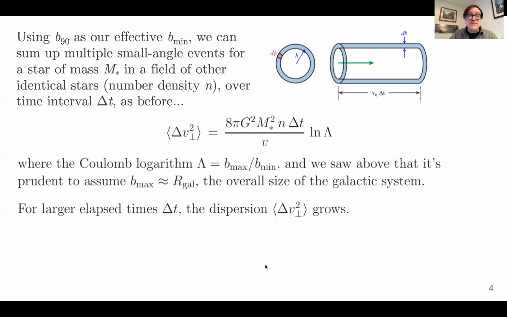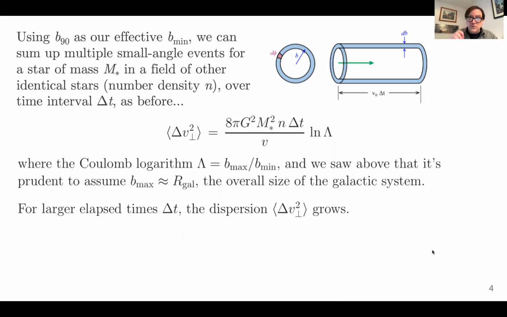If you use that and you turn the crank on that whole target-board integral over all the possible impact parameters from b_min, which is now b_90, out to infinity or b_max, where we set b_max as the size of the system, the radius of the galaxy or some size scale that represents the overall size of the system, we eventually get the same answers as before, just with different factors in them.